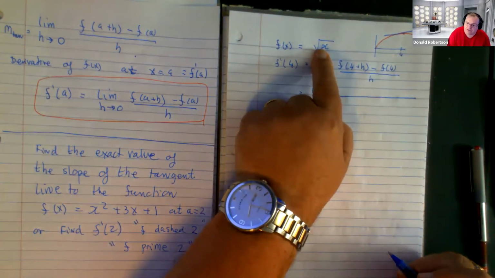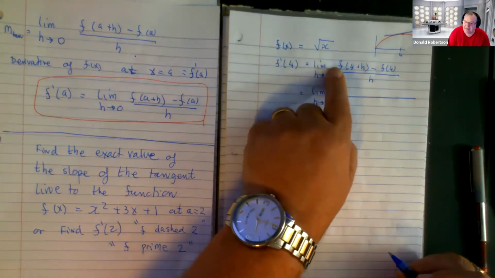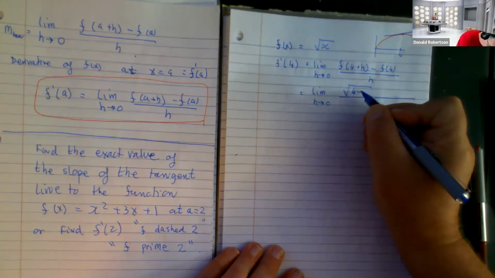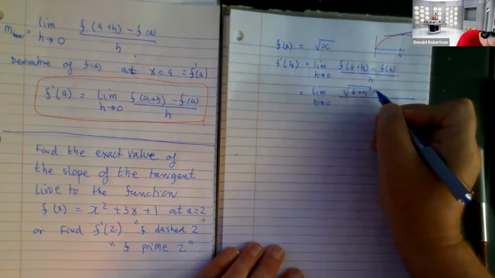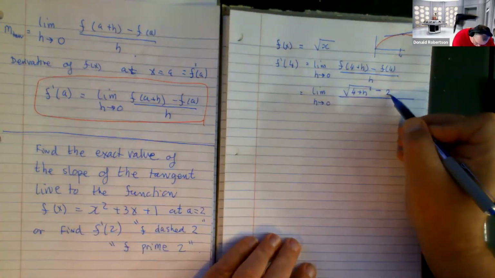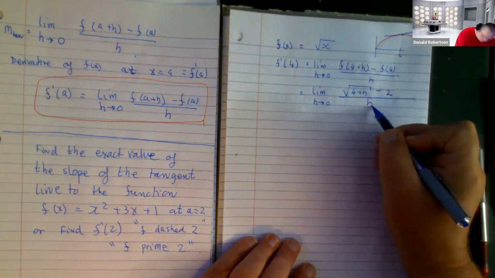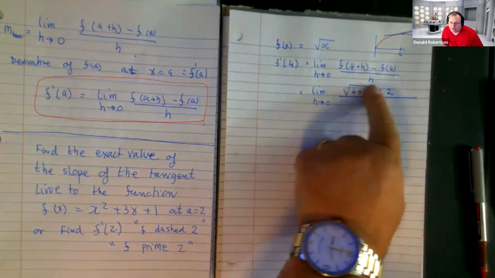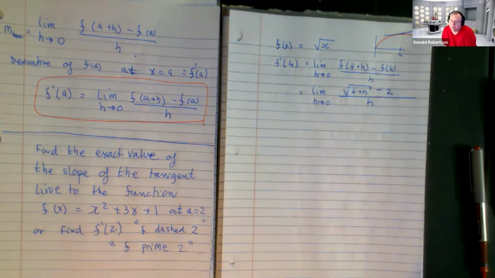F of x is the square root of x. F of 4 plus h is the square root of 4 plus h. F of 4 is just the square root of 4, so that's 2, all over h. Are you comfortable with our replacements, right? So it's the square root of 4 plus h, take away the number 2, over h. And we are trying to find the limit of this fraction as h tends to 0.